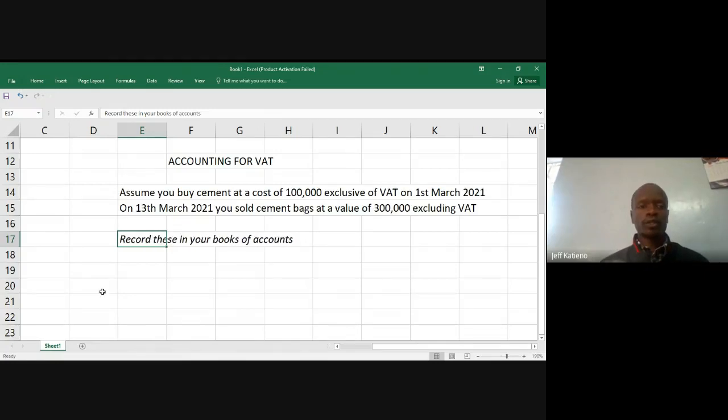So this is what you will do. So on first, so this is date, and then this is journal number. Then you'll have account, then the description, and then debit, and then credit.